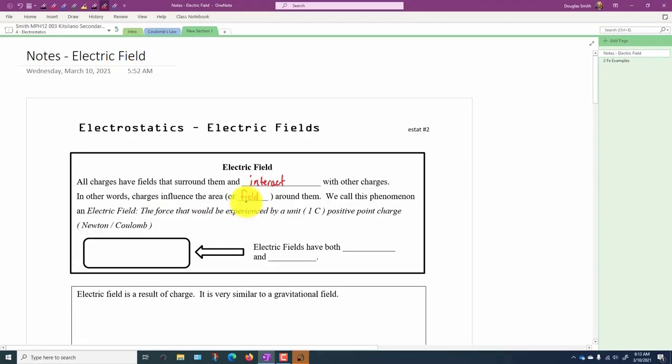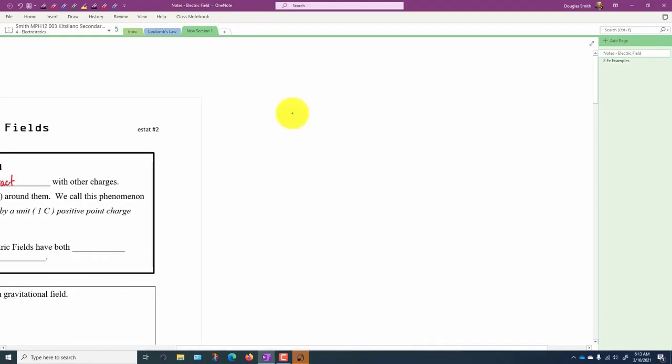So what I mean by that is we've previously learned that, say you have a 1 microcoulomb charge here, some distance away you maybe have a 2 microcoulomb charge, and we know that there's a force acting between them, and that's governed by Coulomb's law, Q1 Q2 over R squared. So we know there's a force acting between two things.